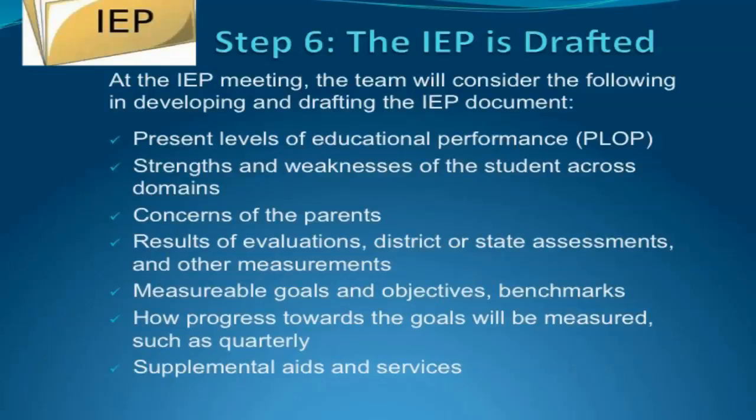Then it should also include measurable goals, objectives, and benchmarks. And then it also should include how progress towards the goals will be measured, such as quarterly or every 9 weeks or midpoint in 9 weeks. However they're going to measure it, it should state that in the IEP. Then it should also state what supplemental aids and services are being offered to the student according to their needs.